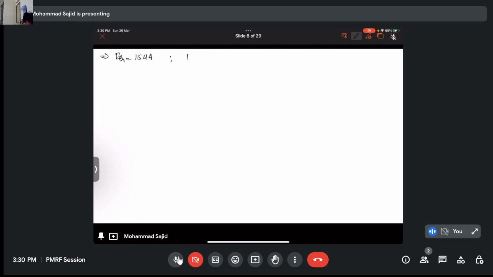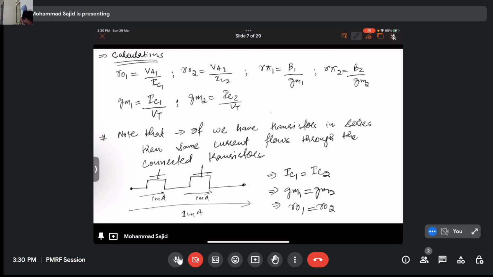Now can I calculate IC1 and IC2? IC1 will be beta 1 times IB1. Beta 1 is 120, right? Beta 1 is 120.